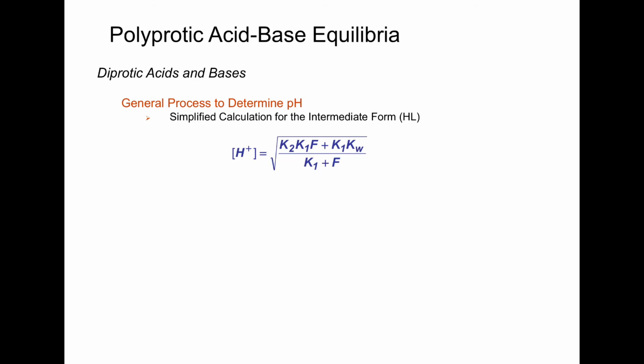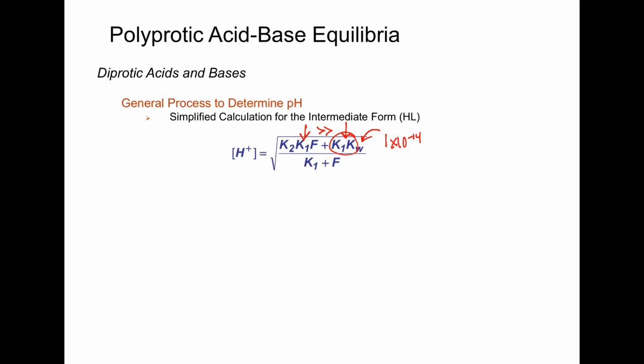One of the first ones is that Kw is really small, 1 times 10 to the negative 14, so anything you multiply it by is not going to be a very big number. So we can assume that this part here is almost always going to be much bigger than this part here.